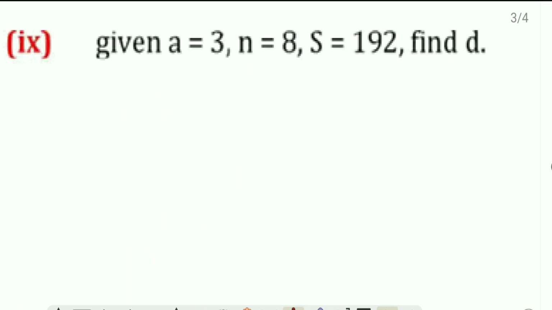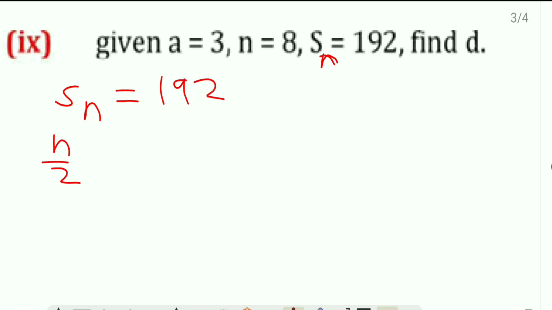Here they have given us the value of a, the number of terms, and the sum of n numbers. Here, this is the sum of n numbers, which is equal to 192. We need to find out the common difference. Okay, so here I will use the formula of the sum of n numbers, which is equal to 192 here.